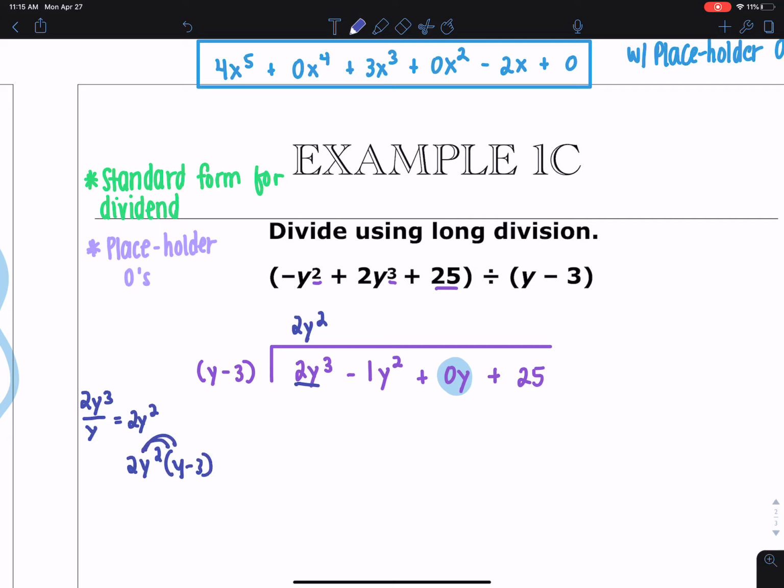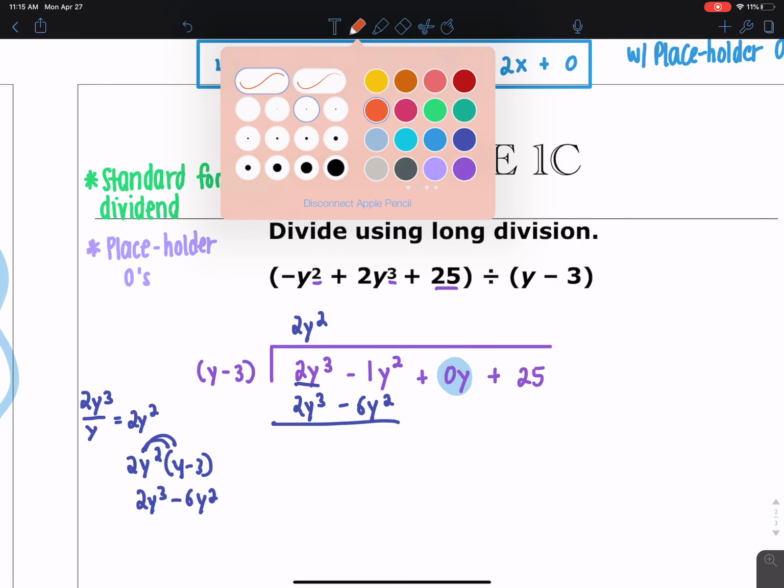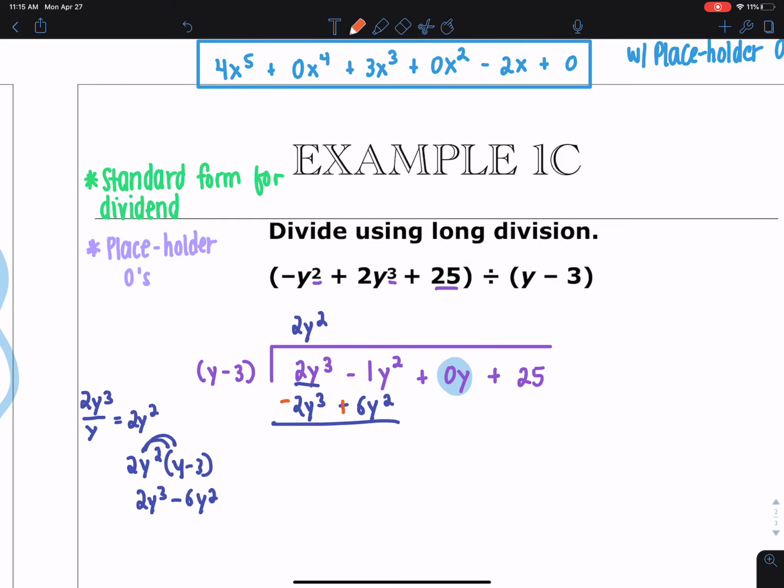And when we distribute, we would get 2y to the third minus 6y squared. So again, this is another place where people make mistakes. We're subtracting both of these, so you change both signs. And then 6 minus 1 is going to give us 5y squared.